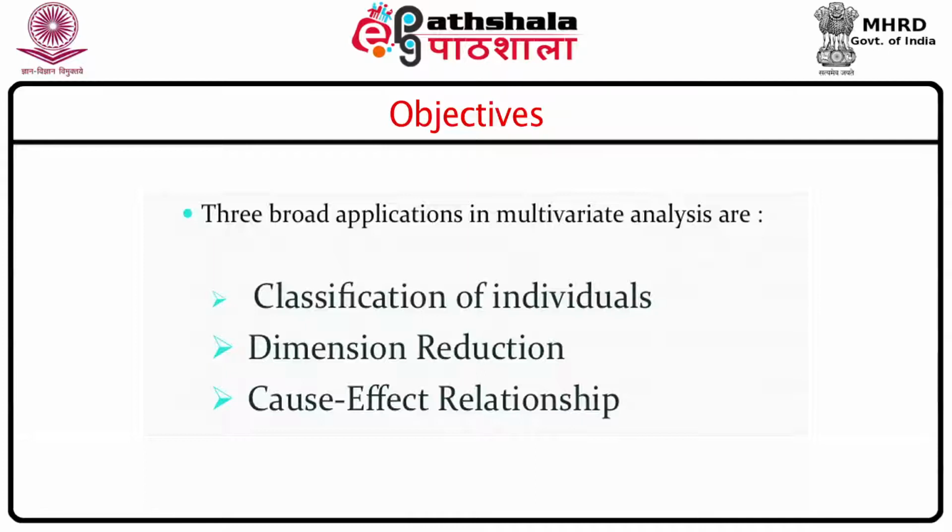Classification is easy when we look at a univariate case, but it becomes more complex the more the number of variables involved. The second problem that comes in is the problem of dimension reduction. In dimension reduction, we are very often faced with a very large number of variables, and it becomes very difficult to analyze this very large number of variables together.